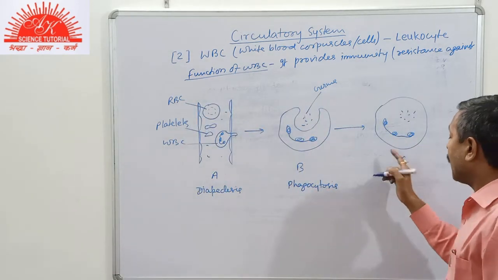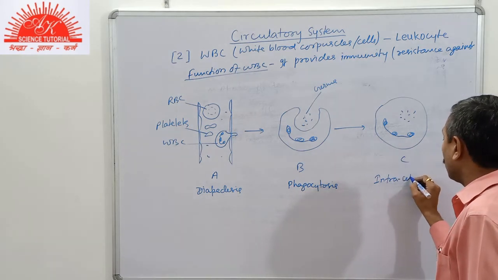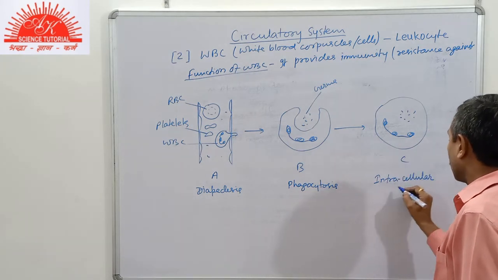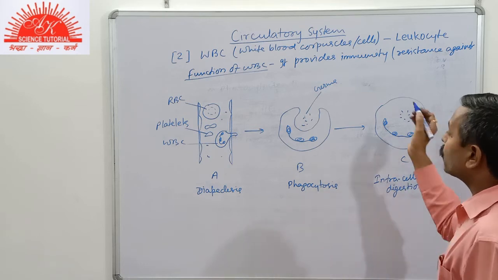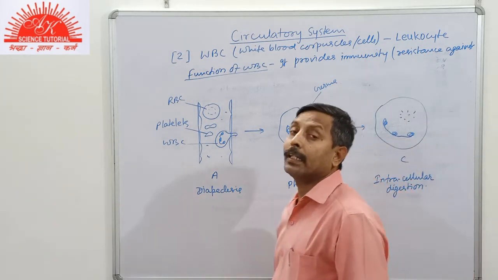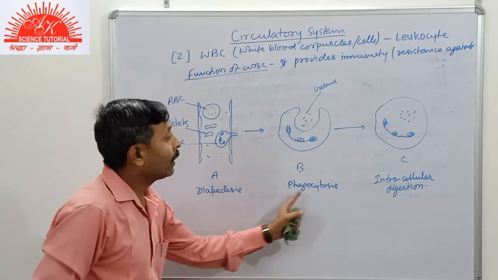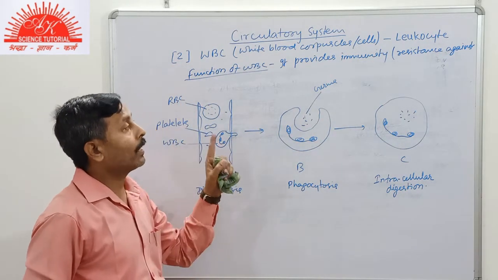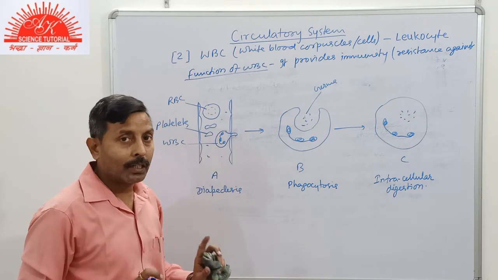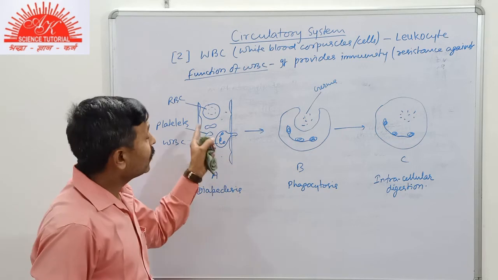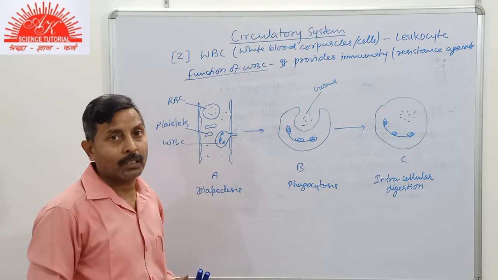And finally, at this place, the process is intracellular digestion. That is, the germs are engulfed and destroyed inside the WBC. So this phenomenon is responsible for providing immunity by the WBC. Clear, student? So, these were the different terms related to WBC.